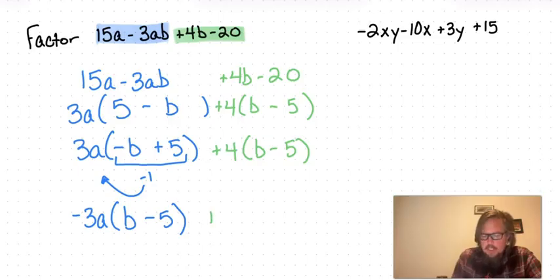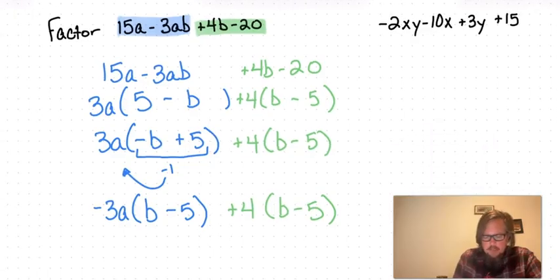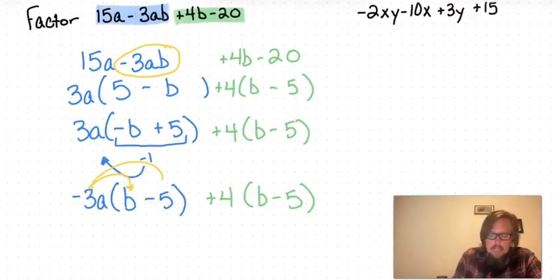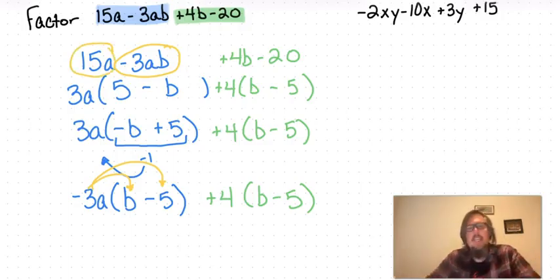Now let's check and make sure that I've done this correctly. And of course, the way we can check is using the distributive property. If I do negative 3a times b, do I get negative 3ab? Yes. And if I do negative 3a times negative 5, that's a negative times a negative, do I get positive 15a?